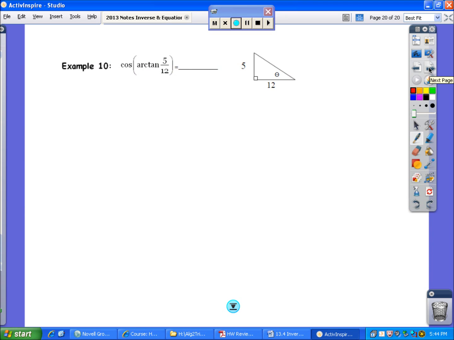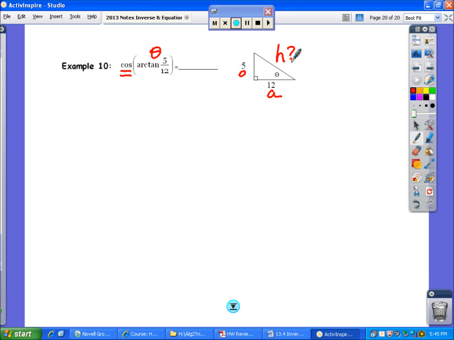If they tell me the arc tangent is 5 over 12, then this is going to represent an angle, so I can set up the following triangle. Because it's tangent, I know that 5 is opposite and 12 is adjacent. Now, it's asking me for cosine. Cosine is defined as adjacent over hypotenuse. So I need to find my hypotenuse.